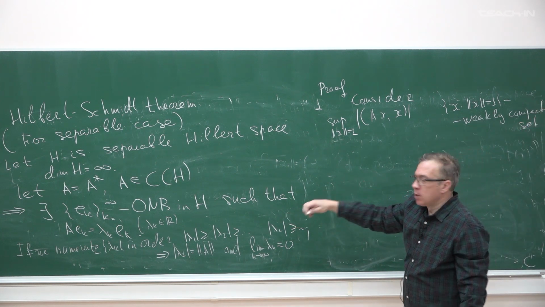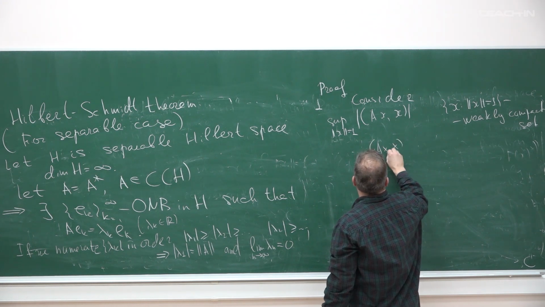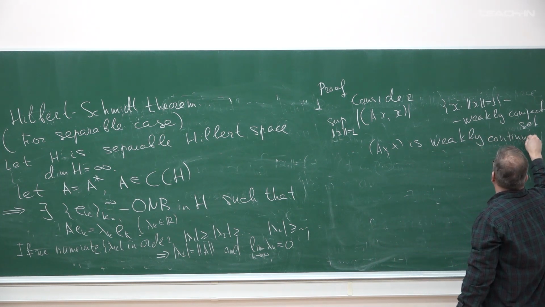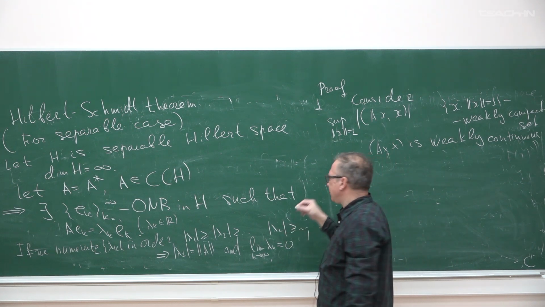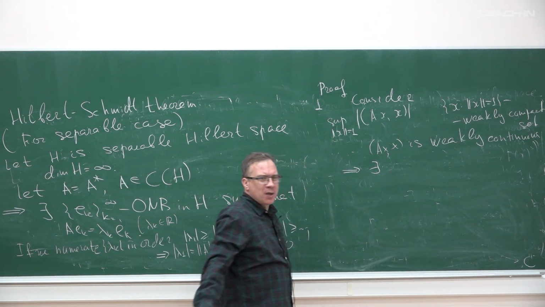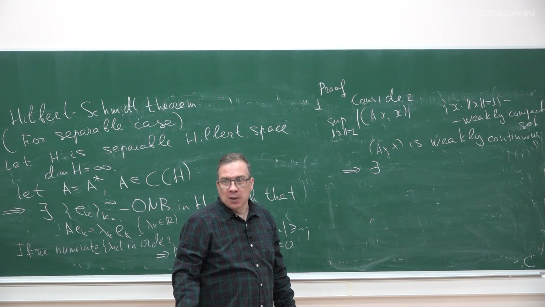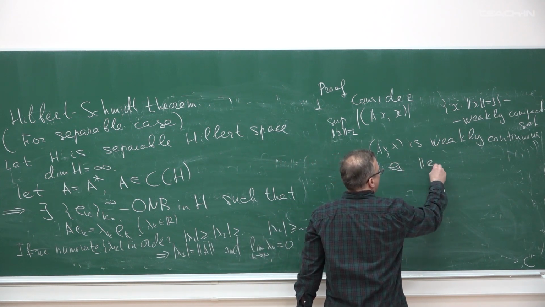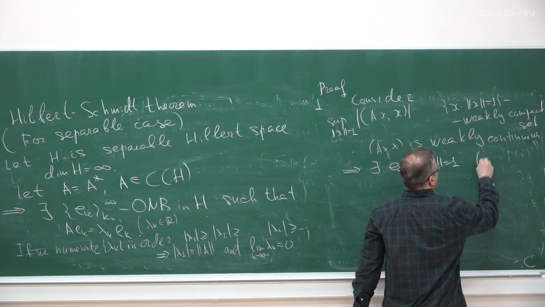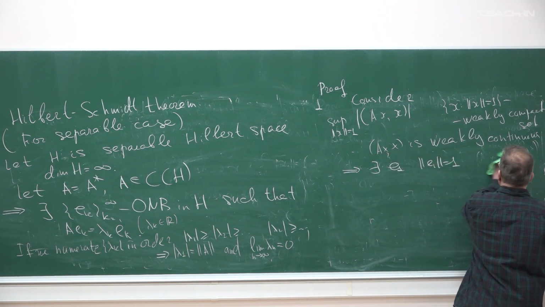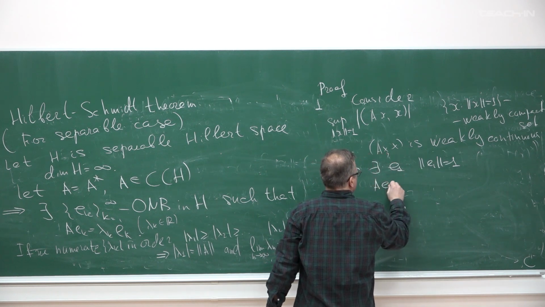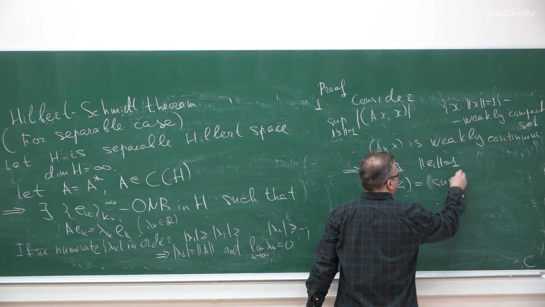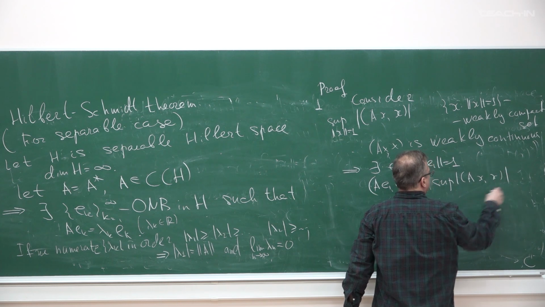A is a compact operator, so the quadratic form is weakly continuous. Then what can you say? It attains its maximum. There exists e1, the norm of e1 equals 1, and the supremum of (Ax, x) is given by (A e1, e1).